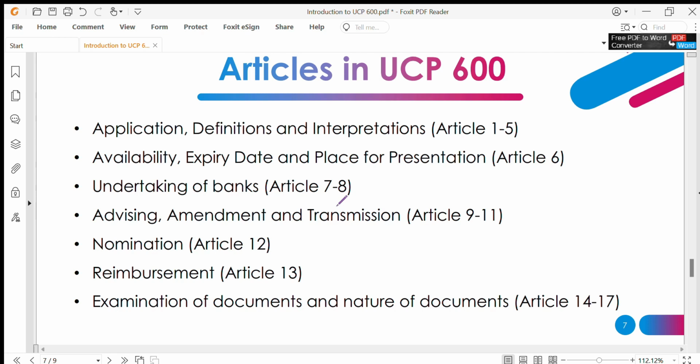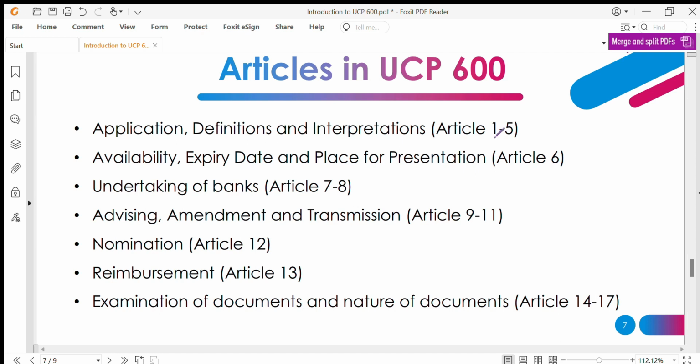Thereafter, Article 6 is a very important article. Why? That governs the availability of documentary credit, expiry of documentary credit and the place in which the presentation should be done. Similarly, Articles 7 to 8 talk about the responsibility and obligations of the banks, starting from the issuing and the confirming banks.